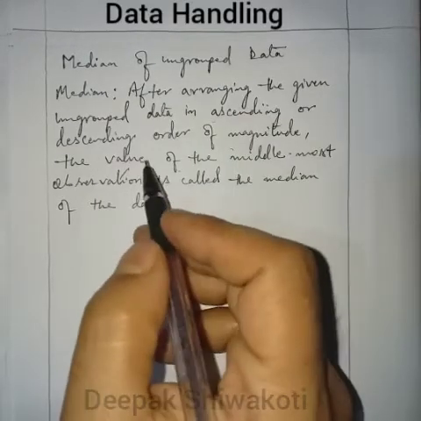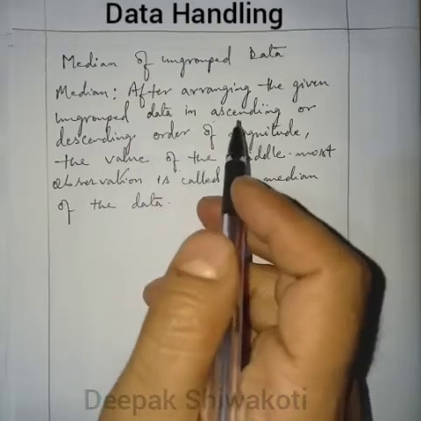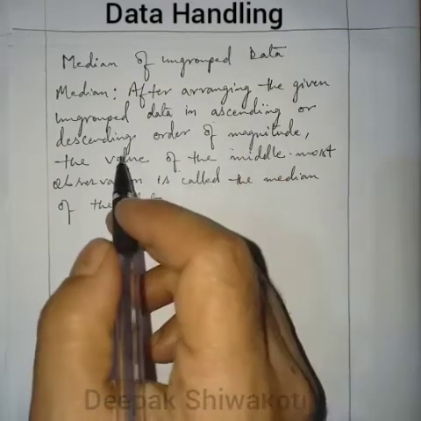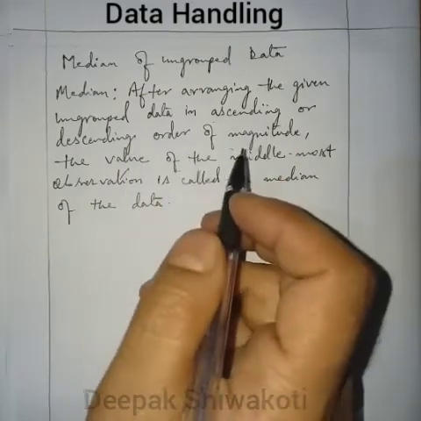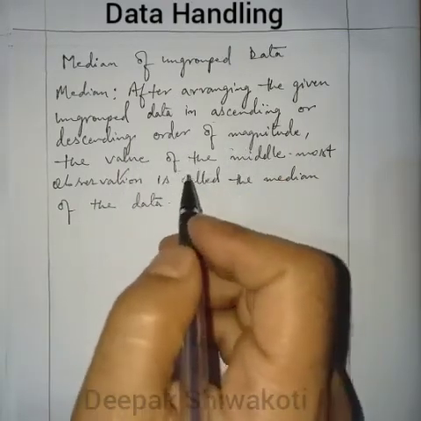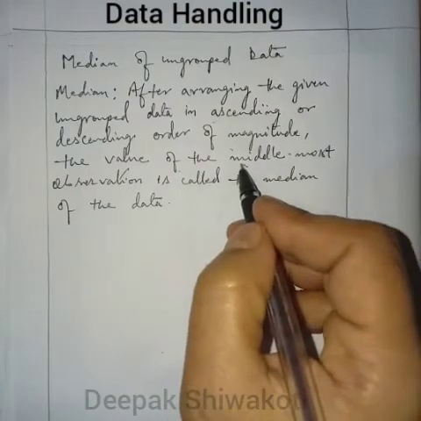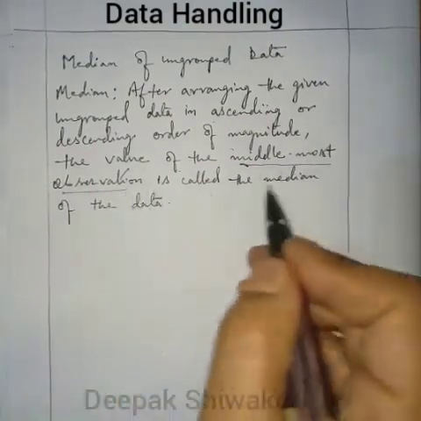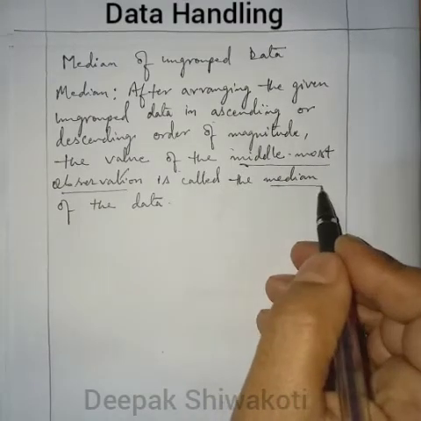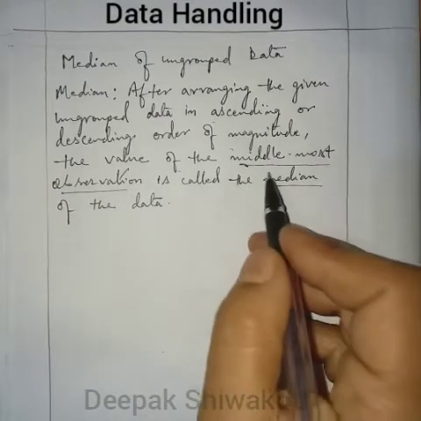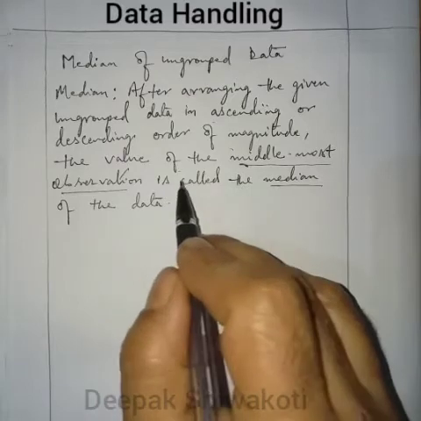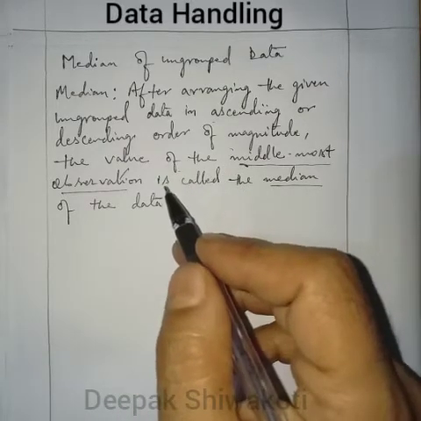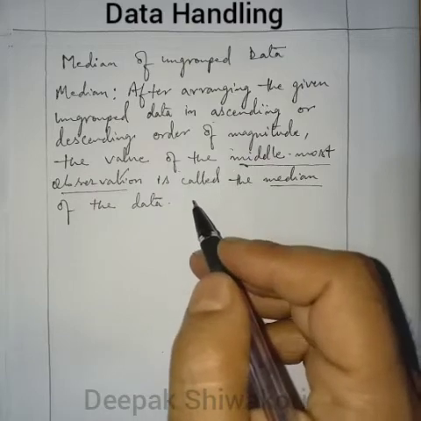After arranging the given ungrouped data in ascending or descending order of magnitude, the value of the middlemost observation is called the median of the data. You have to remember that the middlemost value of the collected data is called the median.